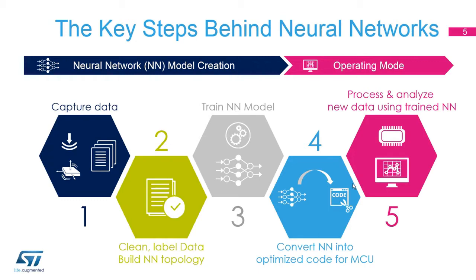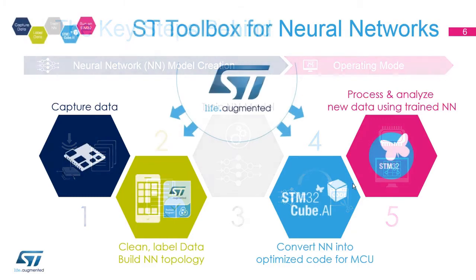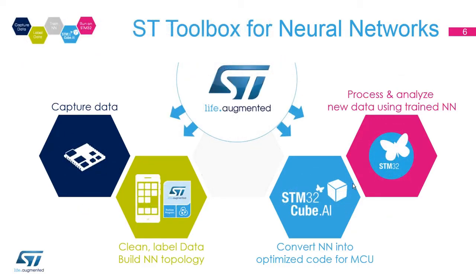And when you have your neural network working on the STM32, you can start to do some processing and analysis for your applications. So what ST is providing: for the different steps, the data capture and building the neural network, we're providing some tools to help and to facilitate these activities.